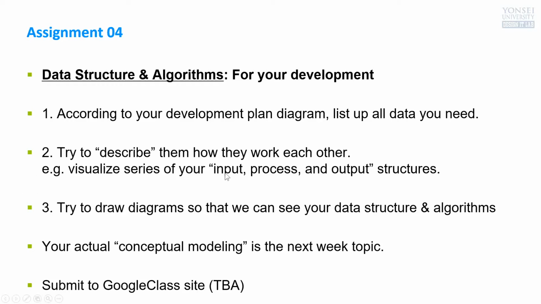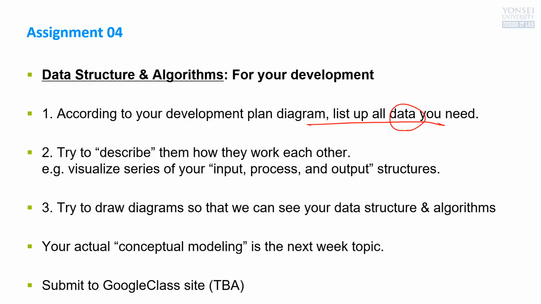Visualize the series of your input, process, and output structure, and try to draw diagrams so that you can see your data structure and algorithms. I'm going to give you comments using some conceptual modeling approach for actual implementation and development next week. But right now, try to list up all the data sets you need for your implementation.